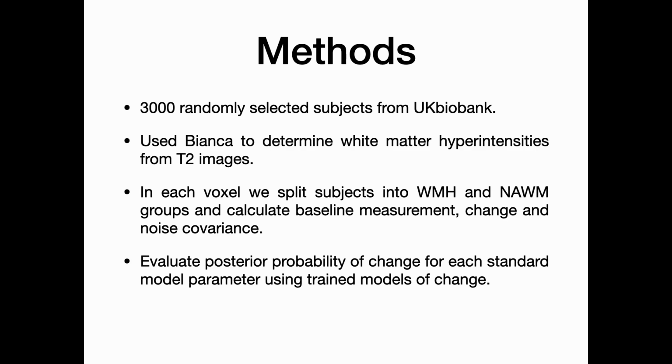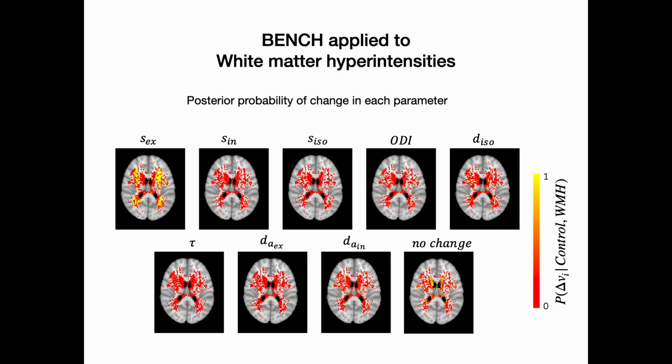Finally, we applied the trained change models from the simulations to estimate the probability of change for each parameter. Each map in this plot shows the probability that a change in that parameter can explain the observed contrast in white matter hyperintensities compared to the normal tissue for a sample axial slice. Brighter voxels indicate a higher probability of change in that parameter.